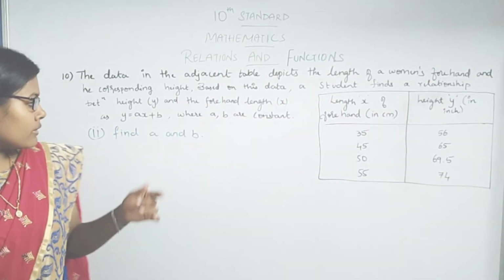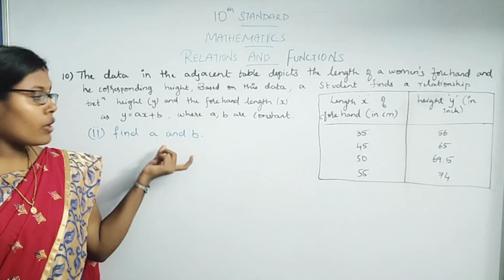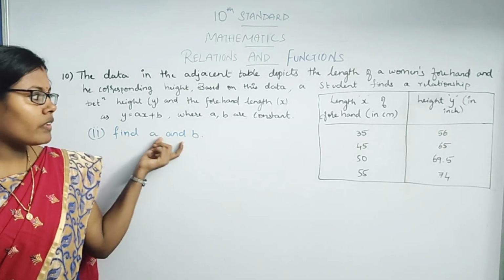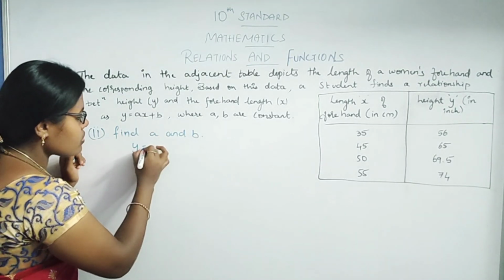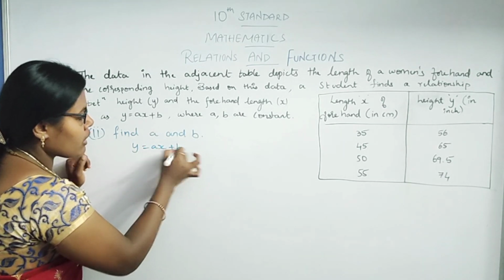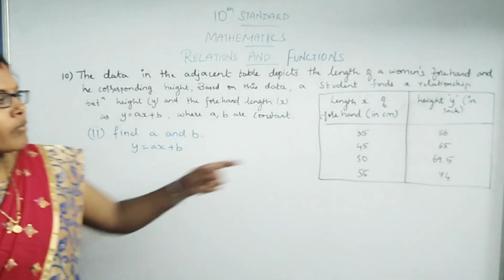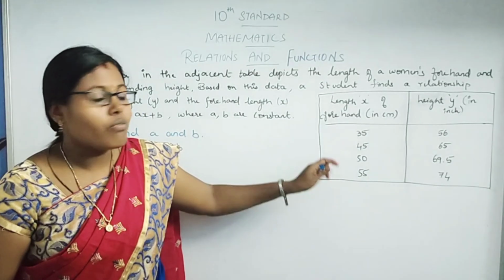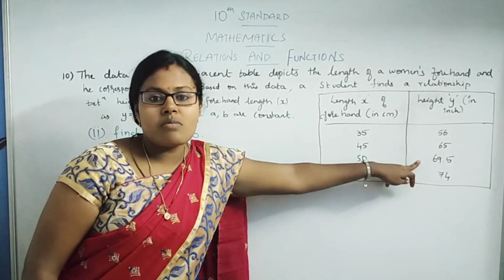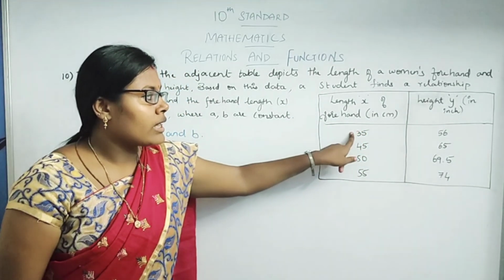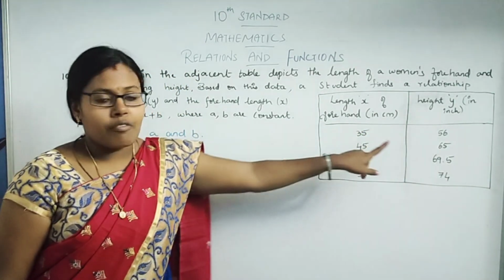Okay. So next, find a and b, which are the constant terms. So you have y equals ax plus b, right? Any y and x value you take from this table. Take the easy terms, because if you take decimal terms, it will be difficult. So first we'll take 35 and 56, then 45 and 65.